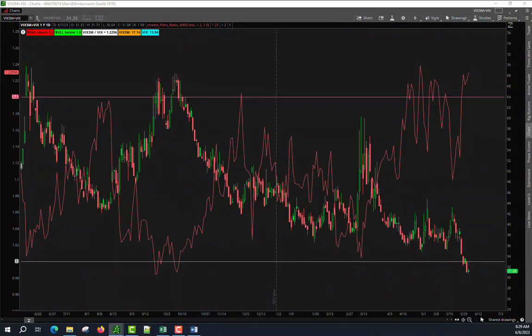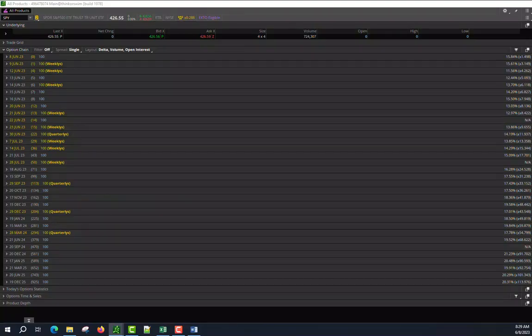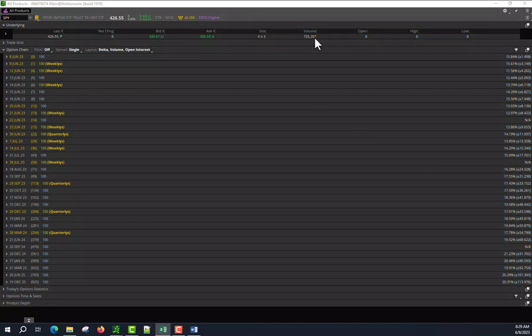And now let's take a look at the weekly. I want to track this number real quick. I want to track the pre-market volume right there for the SPY: 725,107. That's the pre-market volume right there.